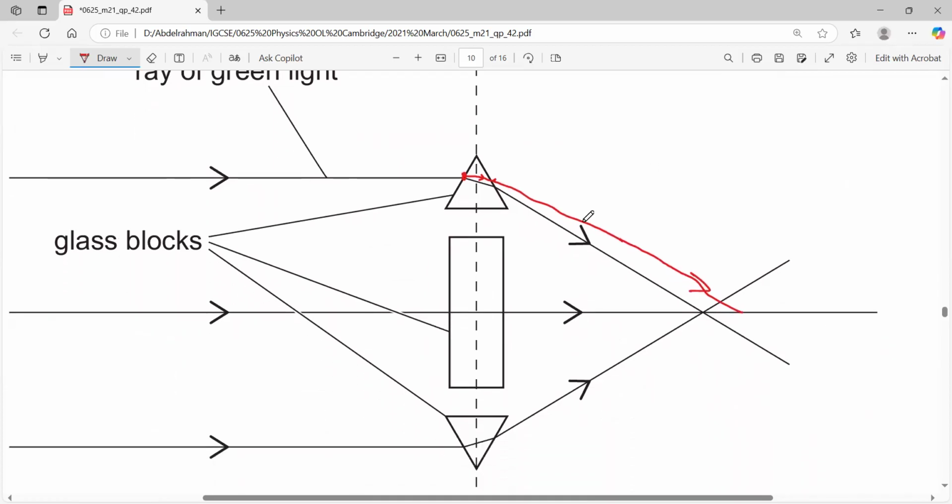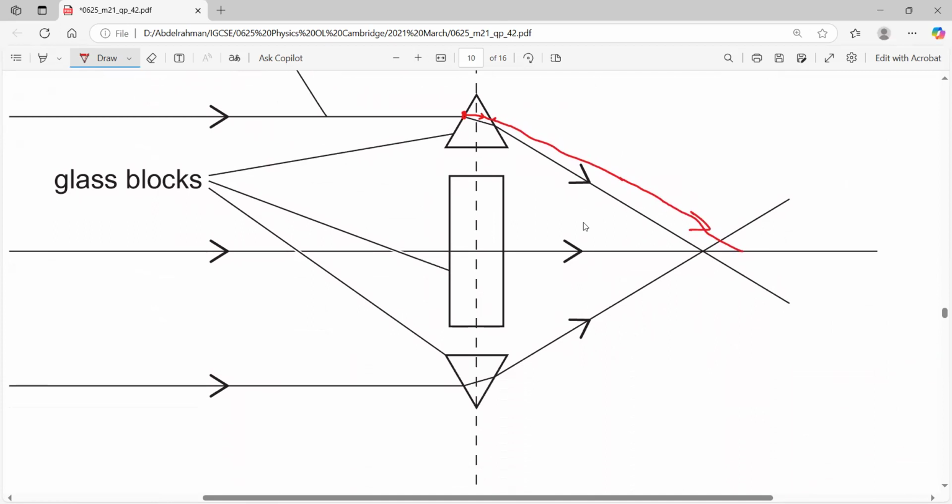Okay, what about this prism? It's slightly above the green as well. When you draw it above the green in an inverted prism, it's actually below the green this way. So it's slightly below the green. As it emerges from the prism, they will both intersect somewhere after the point of intersection of the green.